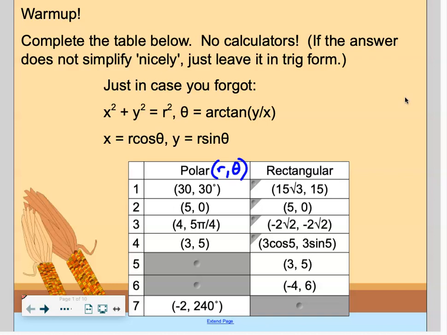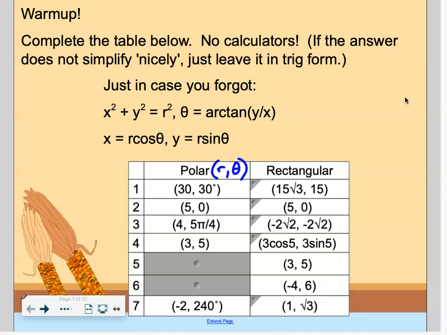Beautiful. Did you guys have like one person do the odds and one person do the evens? Okay. All right. Yes. Good. All right. Beautiful. So it looks like we could go from polar to rectangular, no problem. This last one would be similar.